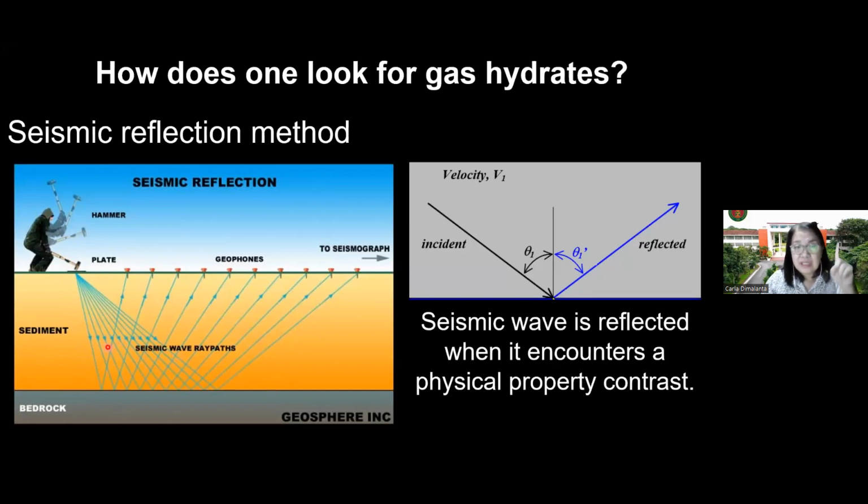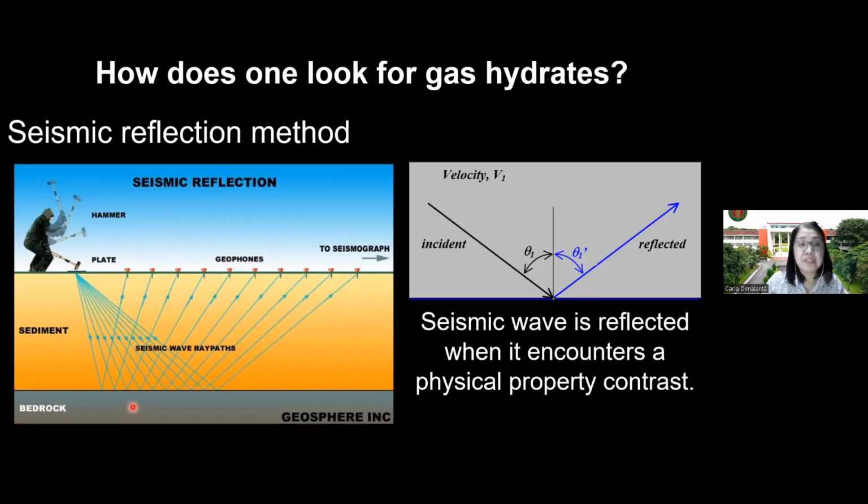But when the seismic waves encounter a layer, that layer may be due to differences in the physical properties between the sediment in the overlying layer or the rocks in the bedrock in the deeper layer. So this is what we mean by having a physical property contrast.